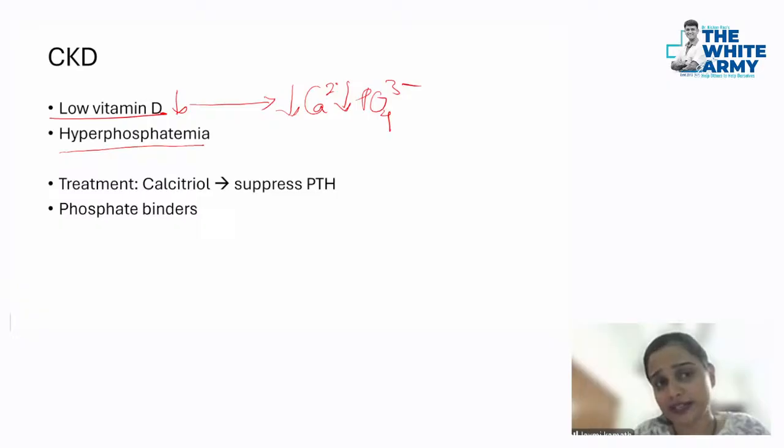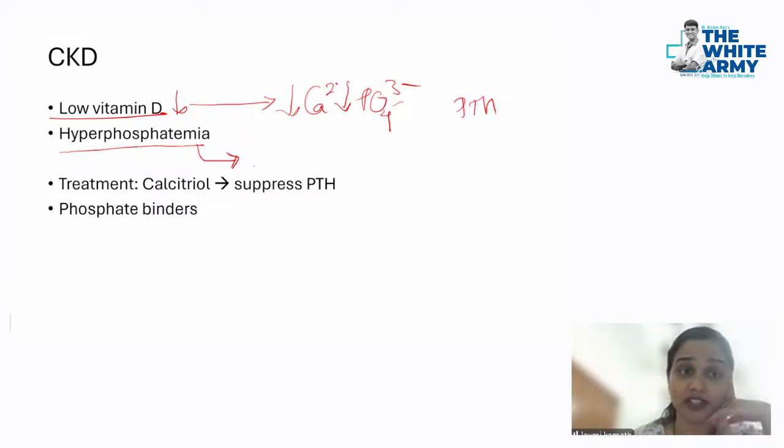In chronic kidney disease, what happens? The excretion of phosphorus is affected because the tubular functions are greatly impaired. Although the body is trying to excrete phosphorus by increasing PTH production, it is not getting excreted because there is a problem with the tubules.